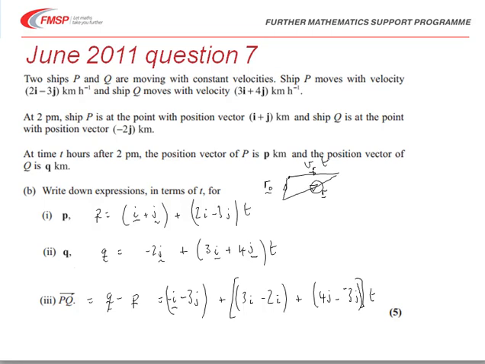Just tidying that up a little bit, we get minus i minus 3j, and then plus i and 7j multiplied by t.